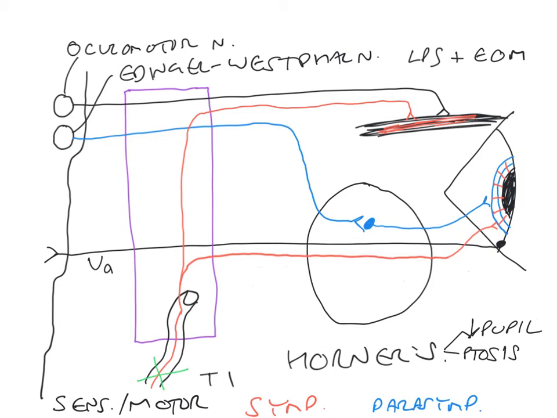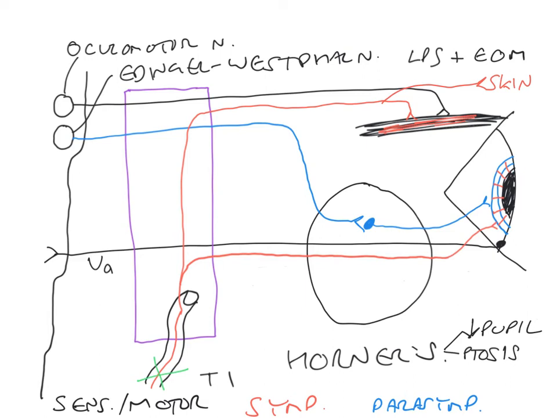Now, there is actually a third feature which we see in Horner syndrome, which I've not included on the diagram, but which I could very quickly add. And that's related to the fact that, of course, the sympathetics to the head don't only supply the eyes, they also supply the skin. And you should be aware that sympathetics supplying the skin lead to sweating.